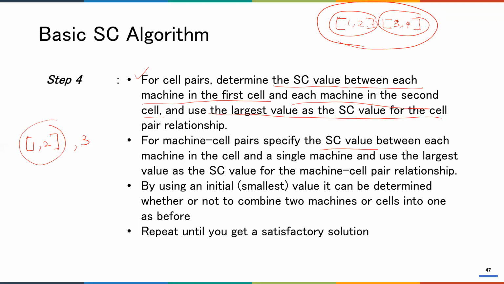Then the SC value between each machine in the cell and a single machine, we use the largest value as the SC value for the machine-cell pair relation. So you basically calculate it as a relation between single machines. Then by using the smallest value, we can determine whether two machines or cells should be grouped or not.